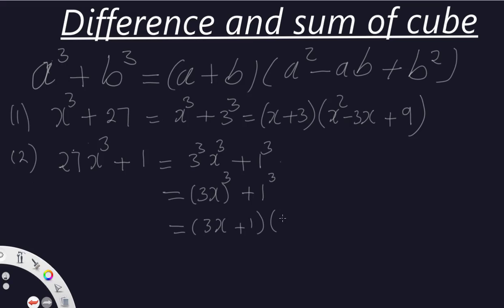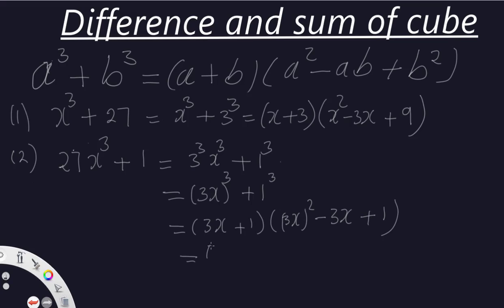Now this side will be 3x squared minus 1 times 3x will be minus 3x. Then plus 1 squared, which is 1.